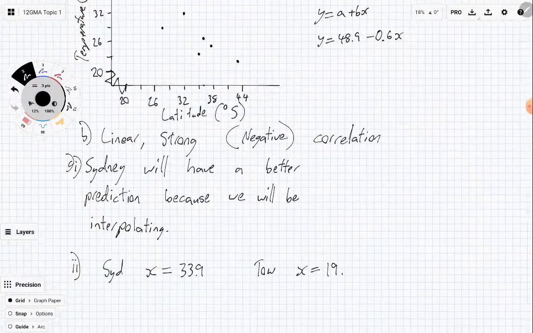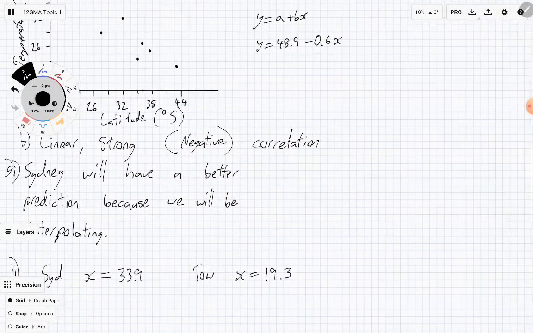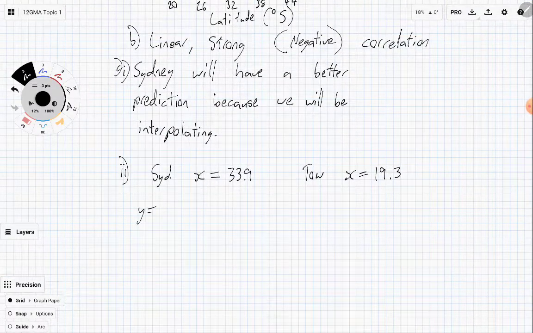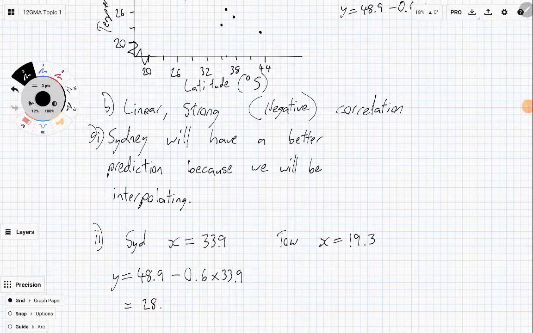So now we're just going to substitute both of these into our line of best fit equation. So y is equal to 48.9 minus 0.6 times 33.9. And that gives us 28.56, which I'm going to round up to 28.6 due to everything else being to one decimal place.